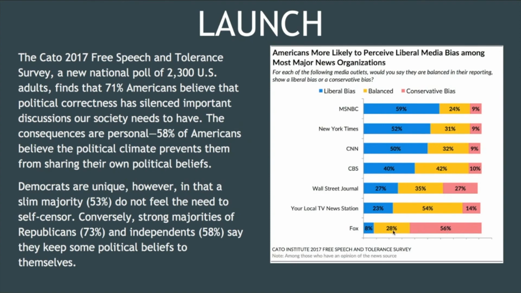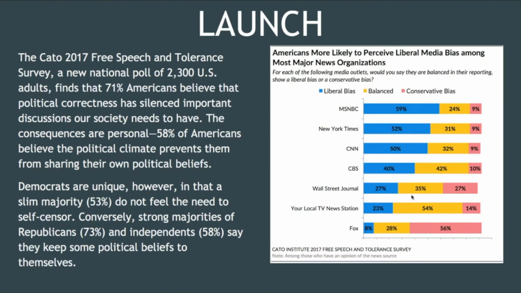I would venture to say that a lot of these are dead on accurate. Notice your local news TV station. It's got a lot of balanced idealisms. What's sad about this particular study is that in journalism as a whole, all of the journalists should be completely objective.